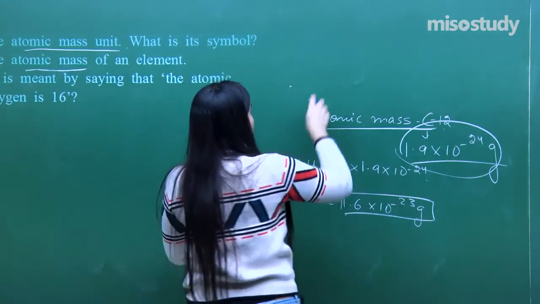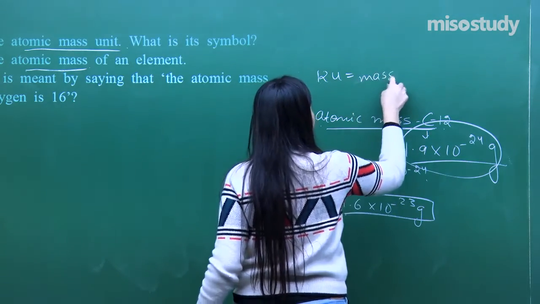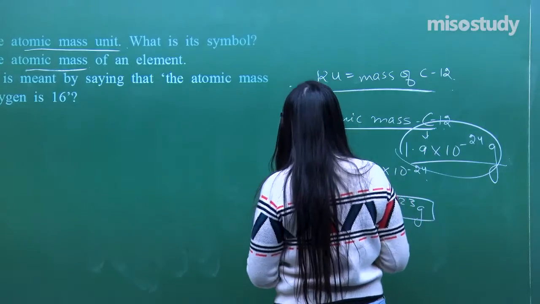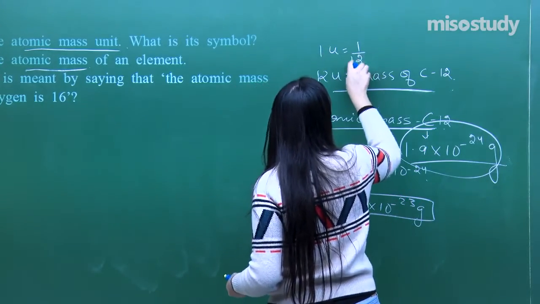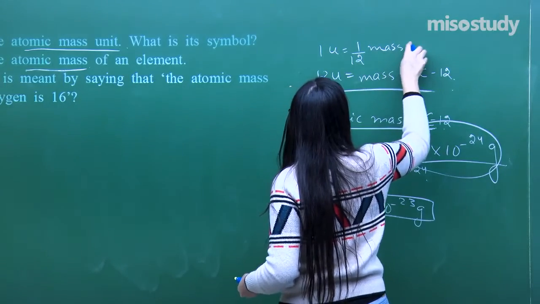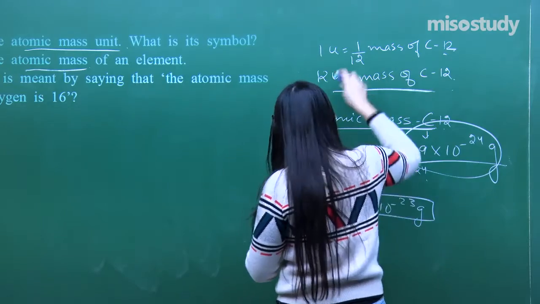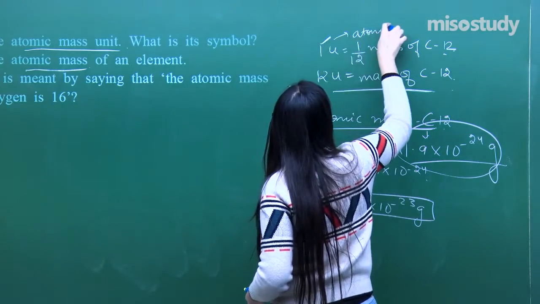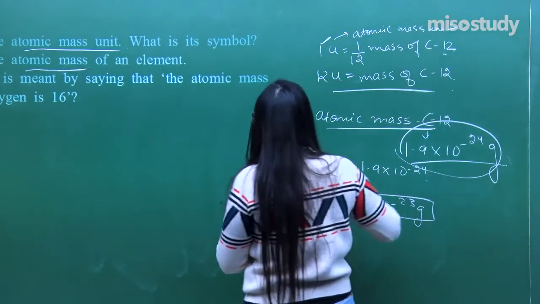That means 12 units will be corresponding to the mass of carbon 12. If I talk about 1 unit, it will be 1/12 of the mass of carbon 12 through this particular data. Fine. So this unit is actually equal to the atomic mass unit, also known as AMU.